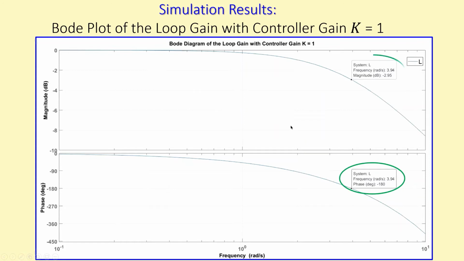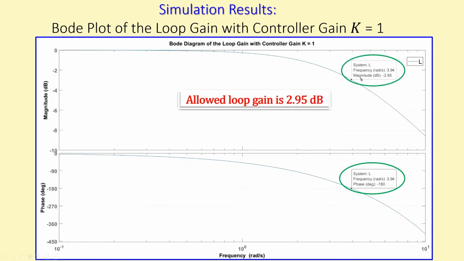Again, looking at these two labels, I have an allowed loop gain of 2.94 dBs. Now, if I of course work it out and rewrite this in a different form, because it's just in dBs, another unit, that will result in 1.404, which is actually calculated.